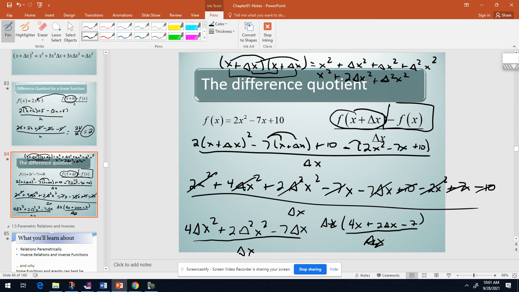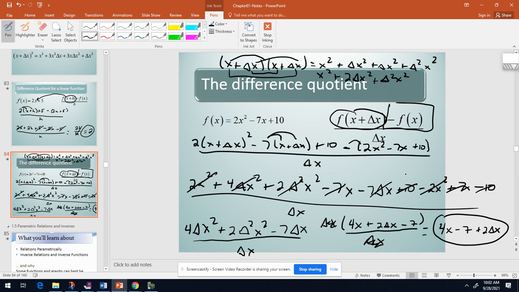This delta x and this delta x cancel, and the difference quotient would be 4x minus 7 plus 2 delta x. So this is just doing a bunch of algebra. But you will notice that when you go through and do the difference quotient, your f of x always cancels. If something didn't cancel here, then you messed up your signs.